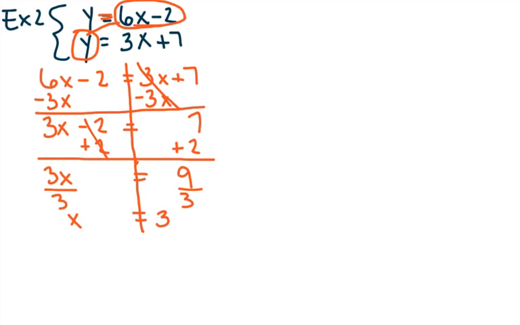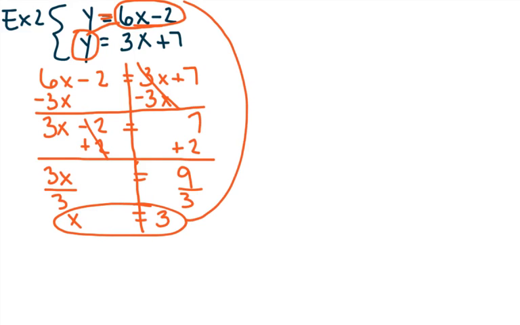That was step 2. Now step 3 is to plug this value of x into the original problem, one of the two originals, it doesn't matter which one. So if I go back to the original, it's y equals 6x minus 2, and I just found out that my x value was 3.